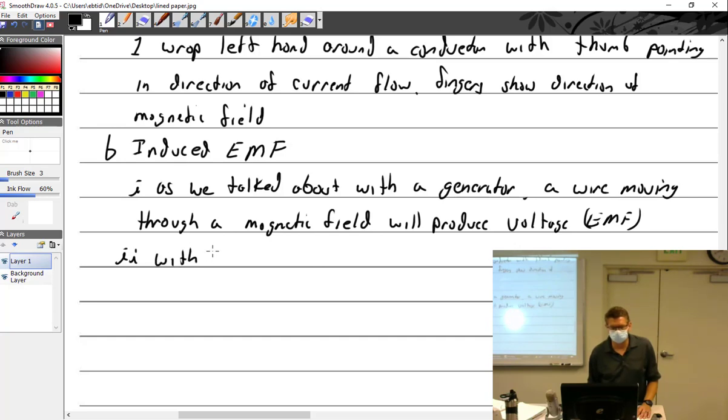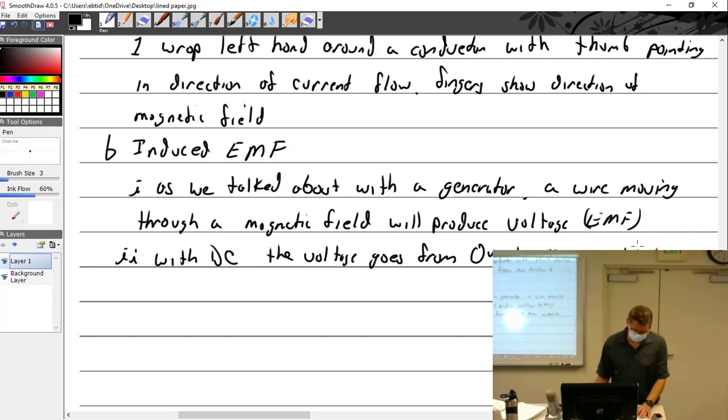So with DC, direct current, the voltage goes from 0 volts to max instantly, as long as current flows.